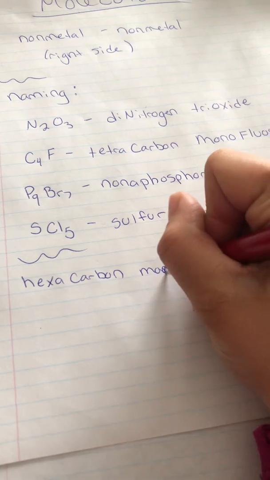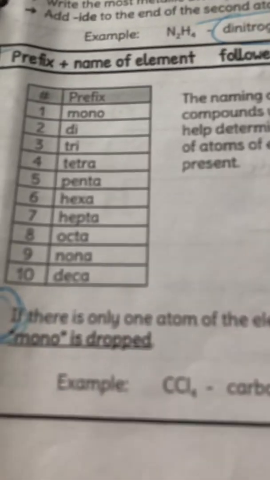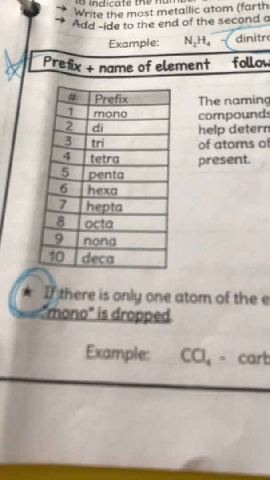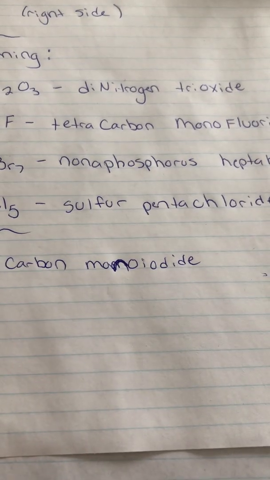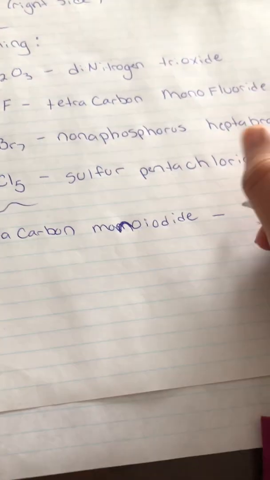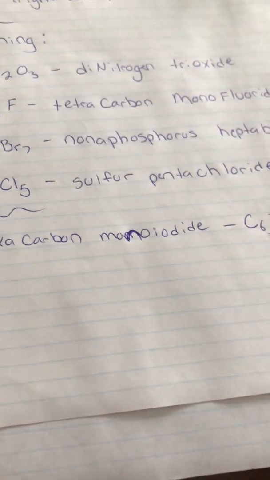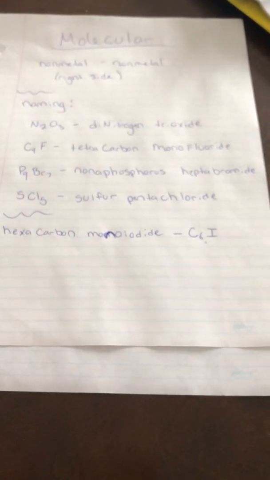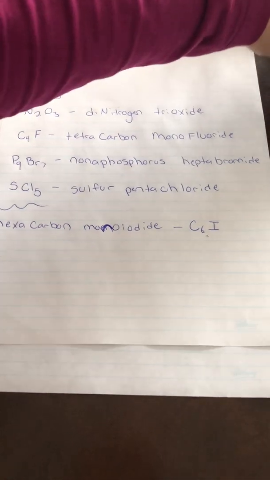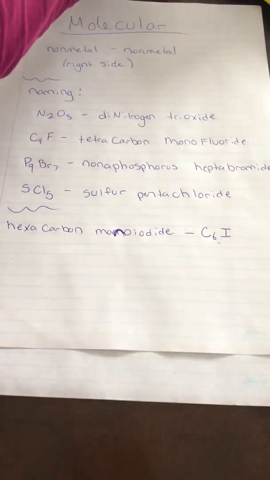Hexa is 6. Mono is 1. And carbon is C, and then iodide is iodine, which is an I. So that changes into C6, I with a 1. I'm gonna put that there. So hexacarbon monoiodide, C6, and then an I.